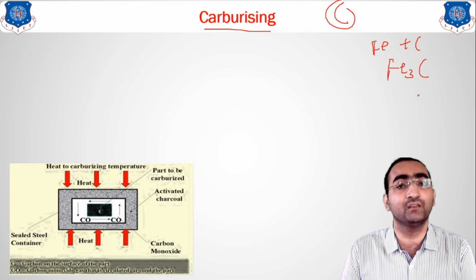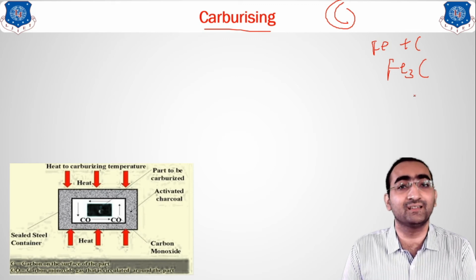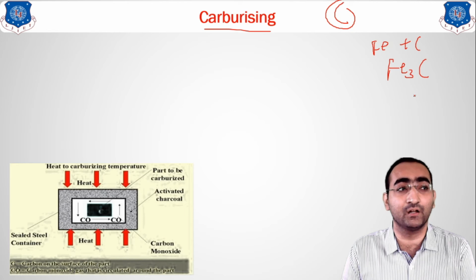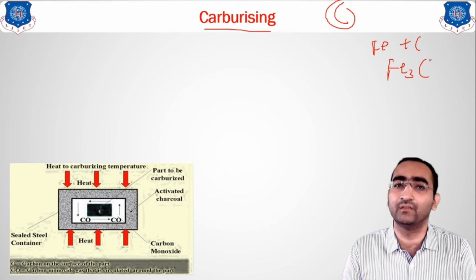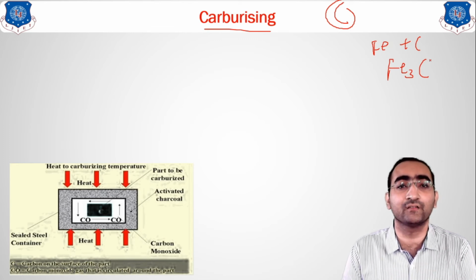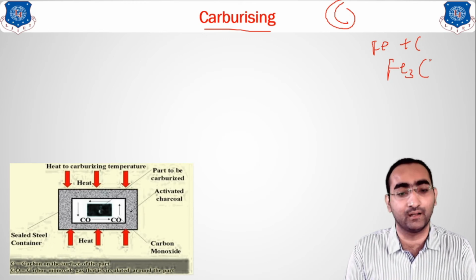What is this Fe3C? It is nothing but cementite. As we discussed in our iron carbon diagram, cementite is the hardest material. So for achieving hardness, we introduce carbon, converting iron and carbon into cementite, and we get whatever hardness we require in the material.